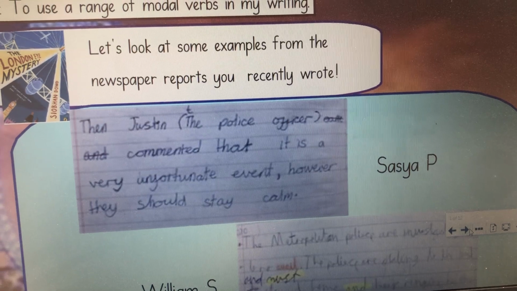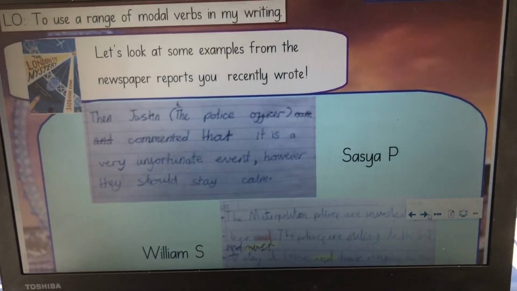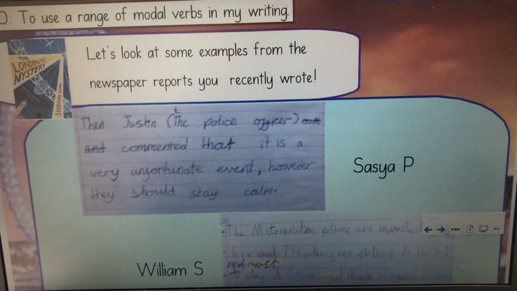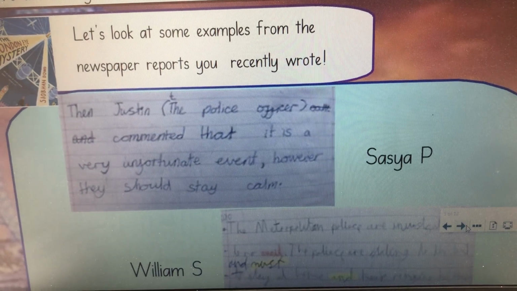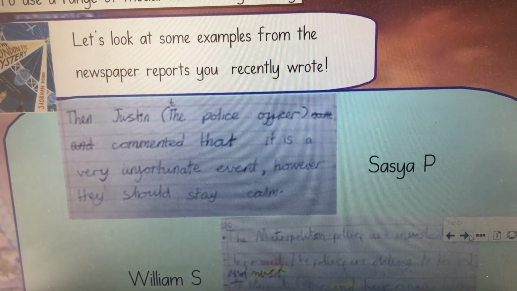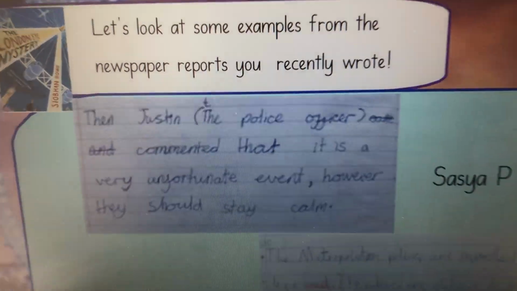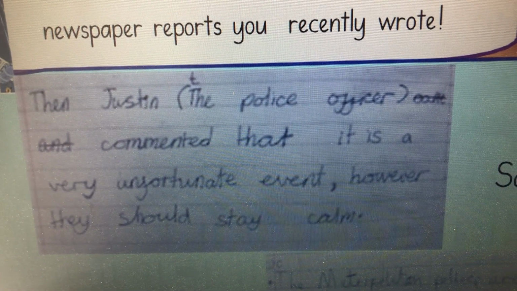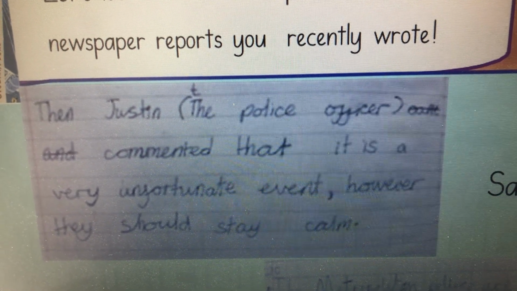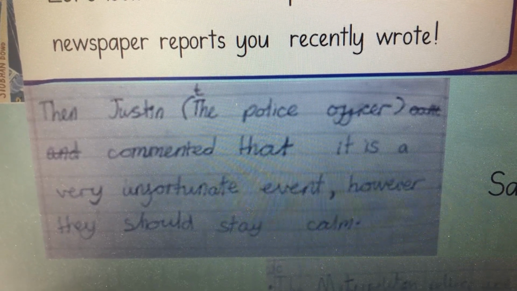Quick task for you, before we do our task, we're going to look at some examples. I've found these examples in a couple of children in 5H's work, so well done to Sassia and William, who have already included modal verbs in their writing independently. So here's Sassia's example.